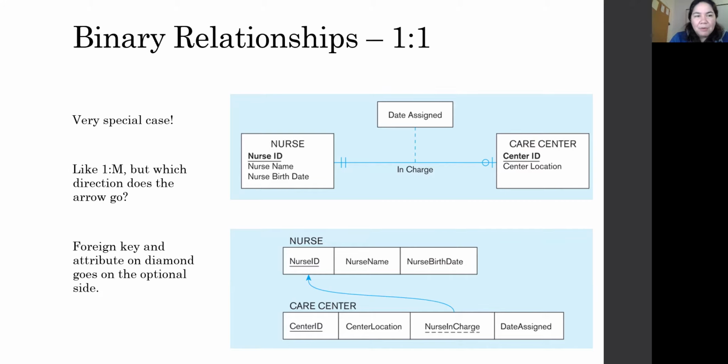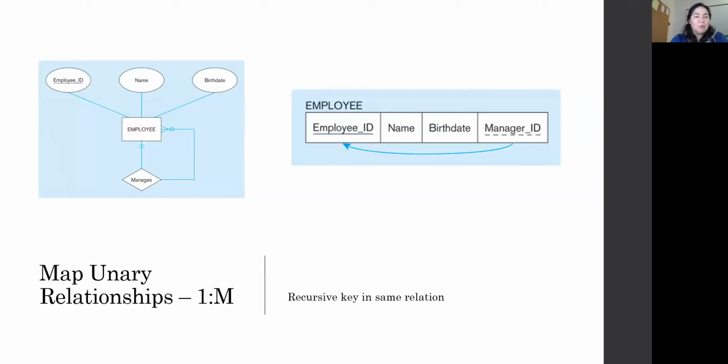Okay, so moving from the binary relationships to our unary or recursive relationships. Most of those are going to be one-to-manys, as usual, because one-to-manys are our most typical case. When you see these, the foreign key, which is manager ID, which is the same list of people as our employee ID, they're not different lists of people.